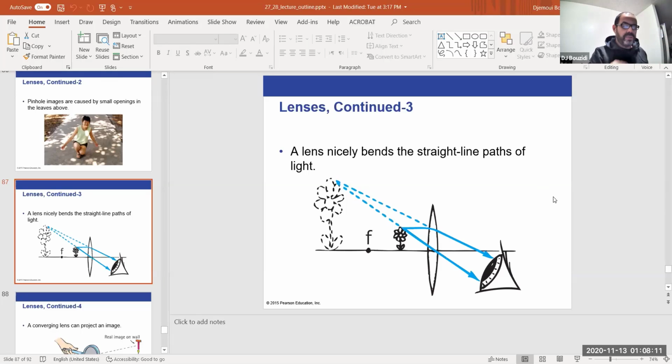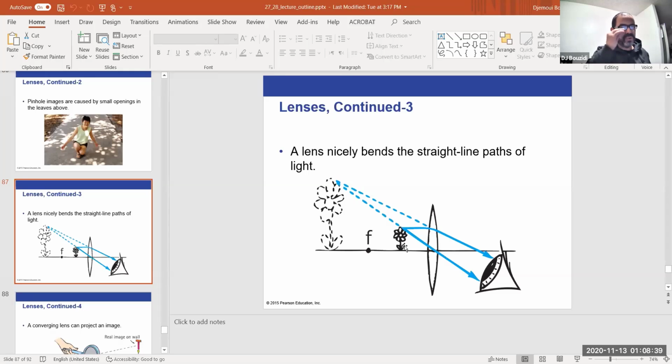But the point being in here is you needed these lenses because we have that near point that I was talking about earlier. Otherwise, if that near point did not exist, we could take any object and put it very close to our eyes and we should be able to see it. So that is what I was talking about earlier about the near point. So again, if you have an object that is too small for you, even if you bring it to the near point or past the near point, you still cannot see it.